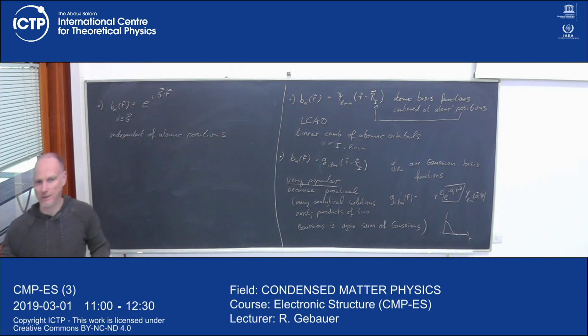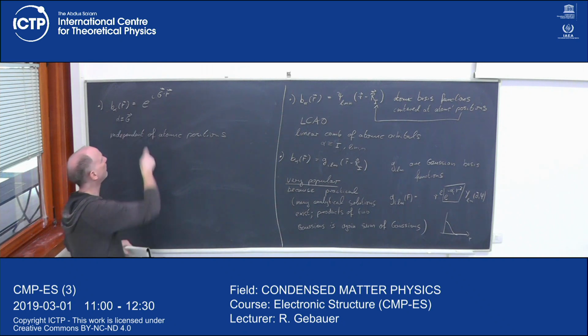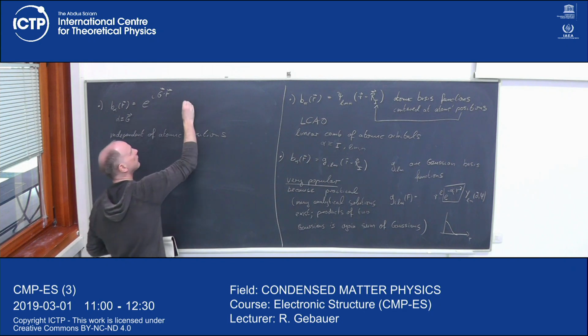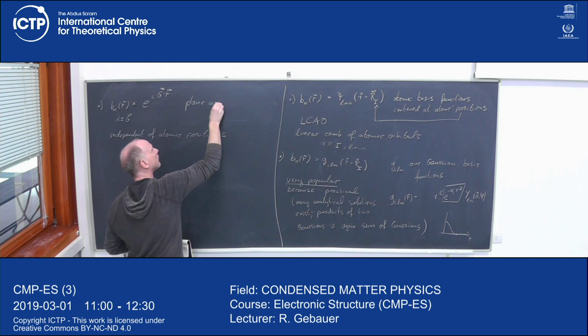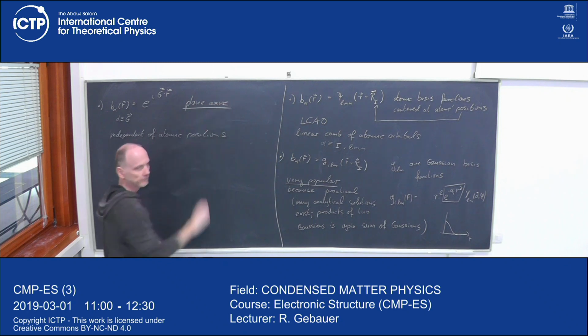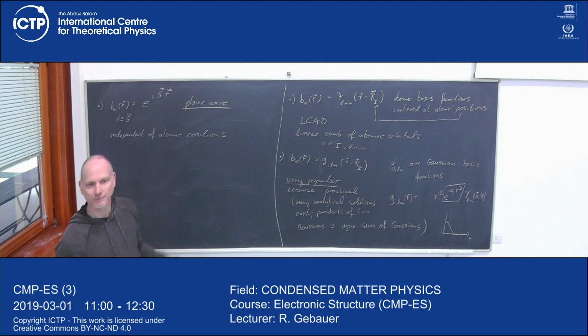So these are not basis functions which are fixed on an atom. If you move the atom, the basis functions here do not change. And obviously e to the iG·r, this is what one calls a plane wave. And as I've just said, our Quantum ESPRESSO computer code developed here in Trieste uses plane waves and it's called PW.